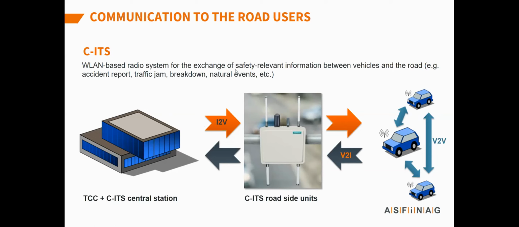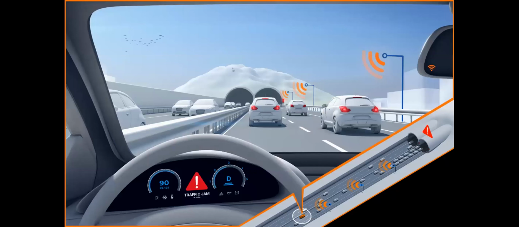More on that later on in the specialized talk. But you can imagine this, for example, in this way: here you have some traffic jam, and you have roadside units on the side of the road that communicate this traffic jam to an approaching vehicle that might not have recognized yet that there's a traffic jam ahead.